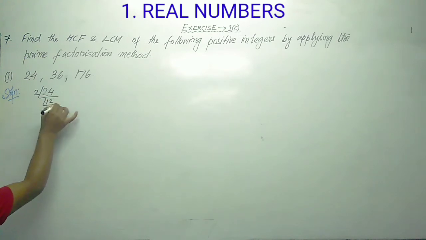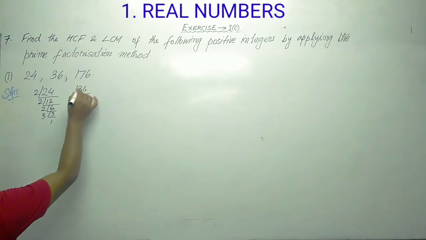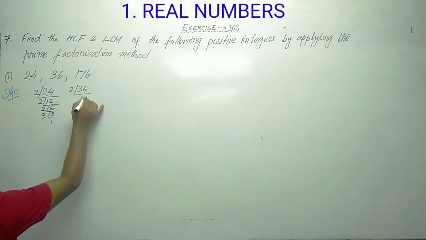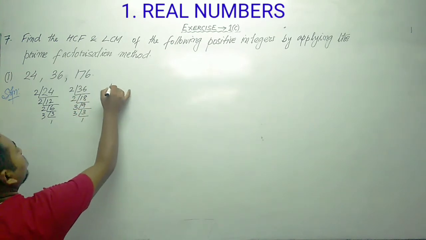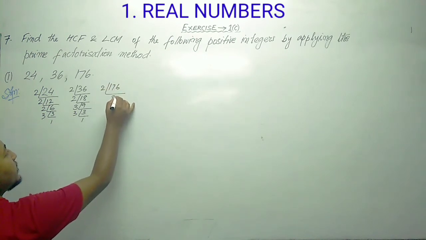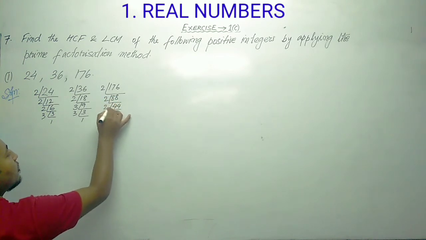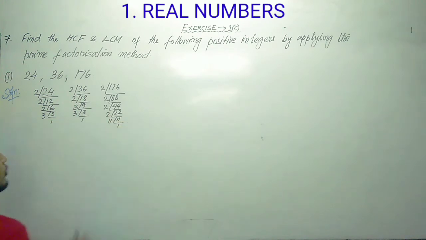2 12s are 24, 2 6s are 12, 2 3s are 6, 3 1s are 3. 2 18s are 36, 2 9s are 18, 3 3s are 9, 3 1s are 3. 2 88s are 176, 2 44s are 88, 2 22s are 44, 2 11s are 22, 11 1s are 11.